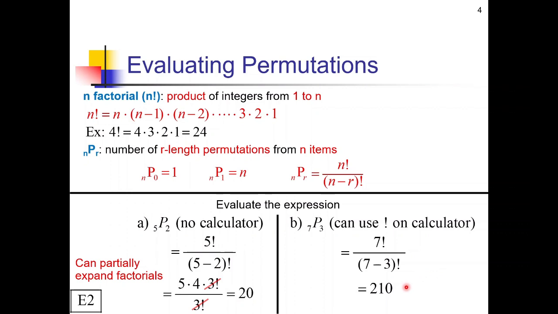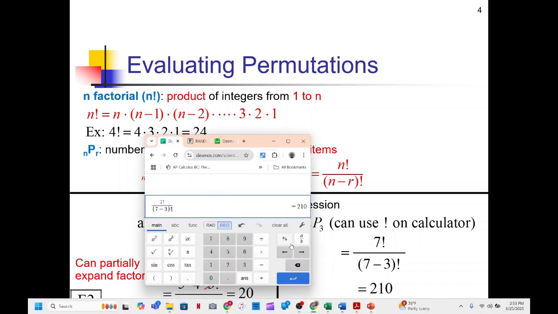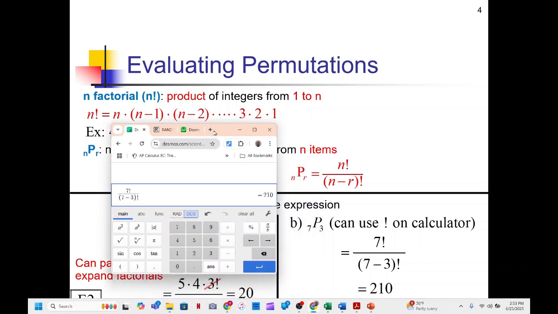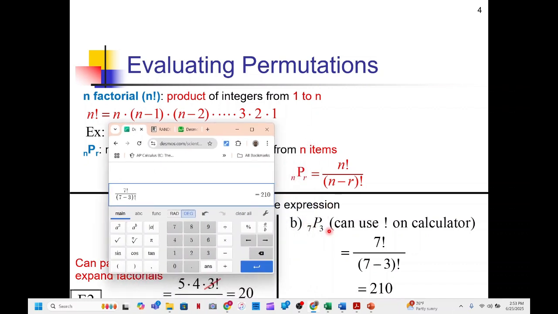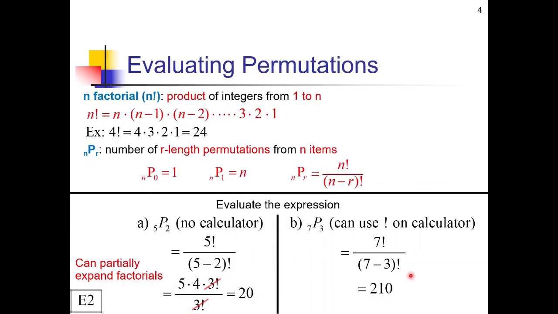Now there is even a fancier way to do this on the calculator, which you're not going to be allowed to use on your homework for this part of it. I want you to get practice using this permutation formula here. But if you're just trying to find, for example, 7P3 without even writing any of this out, you can, on Desmos, on the scientific version of Desmos even, use the nPr function.